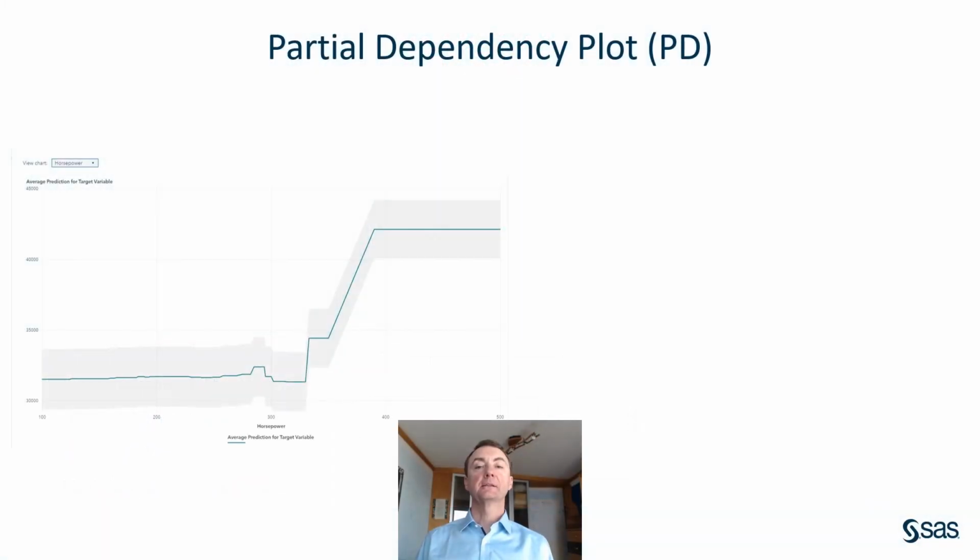The partial dependency plot is one type of model interpretability chart that gives you insight into the relationships of input variables on the outcome of your predictive model. You see here a plot with the values of a certain input variable, in this case horsepower, and the relationship to the predicted values on the vertical axis.